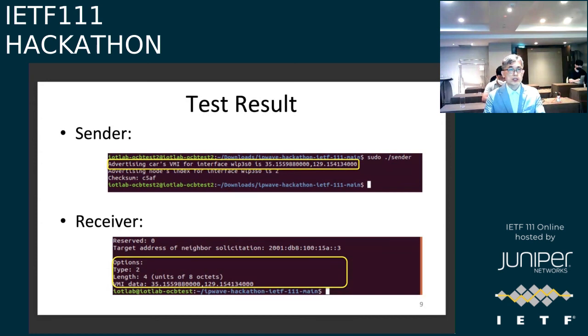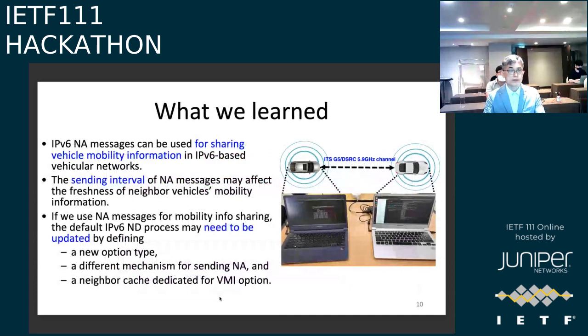As you can see, the sender transmits a VMI option message including latitude and longitude in Busan, and then the receiver node displays the transmitting sender's coordinates. What we learned: you can see two laptop computers are regarded as two vehicles.